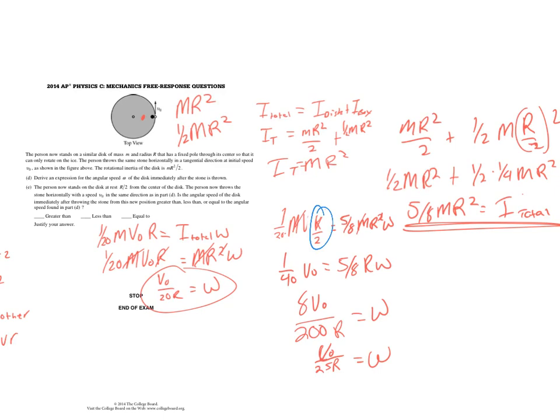But you would also notice that the kid moved in, and so we don't know exactly how big of an effect that's going to have, because bringing the kid in would lower the moment of inertia, which makes it easier to spin. So we kind of have to do this little math problem to figure this out.